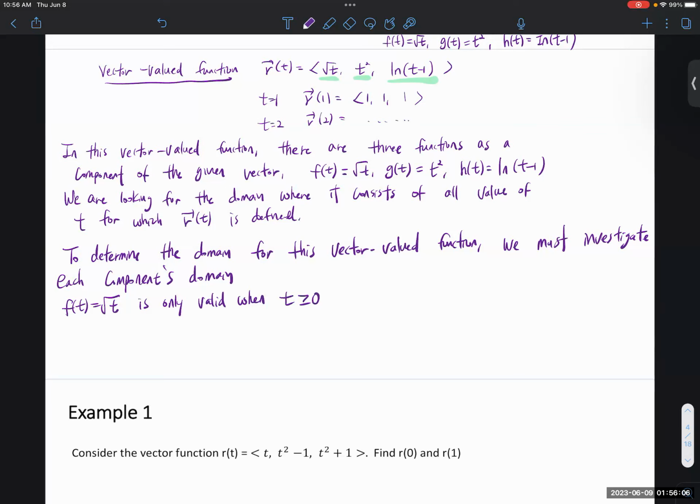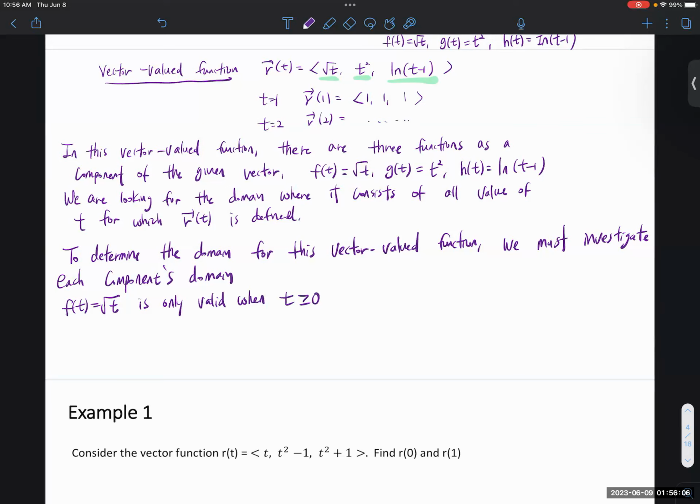So what happened? This is f of 0, the second one is g of 0, and the next one is h of 0. So we can evaluate it. When t is 0, it's going to be 0, the g function gives -1, and 1. So this is the component when the input is 0. And this outcome is going to change if you have a different input, 1.